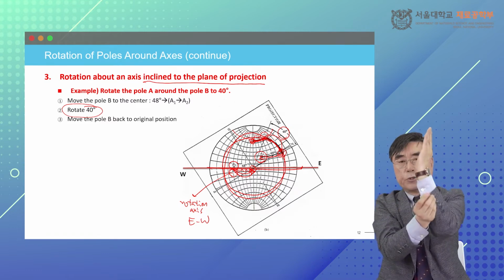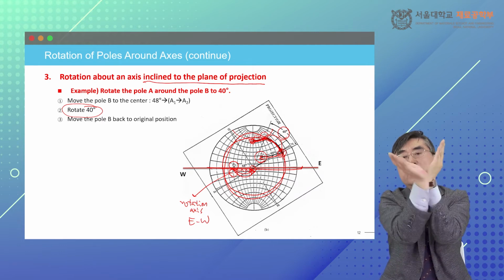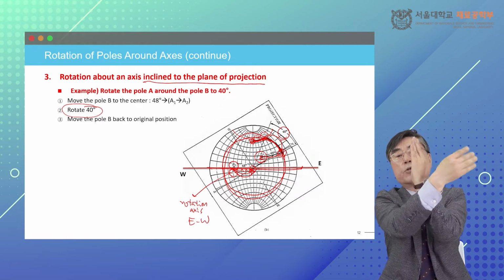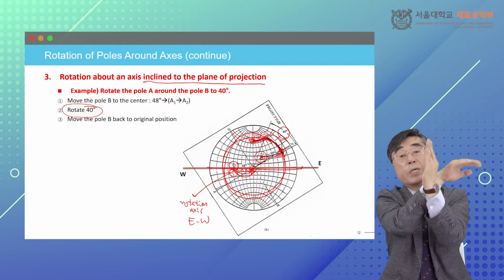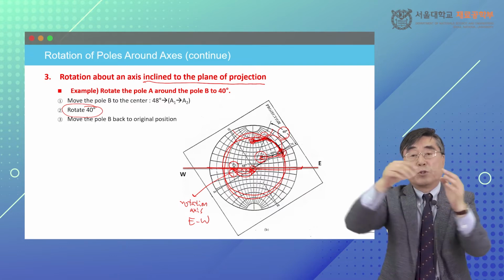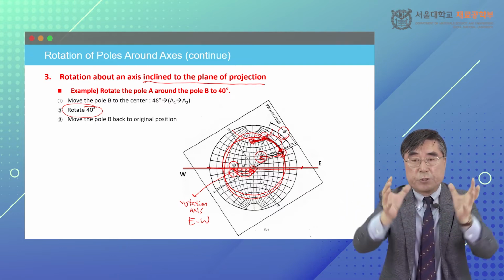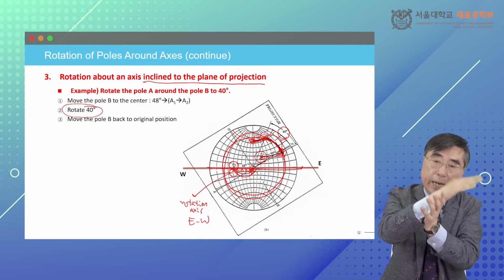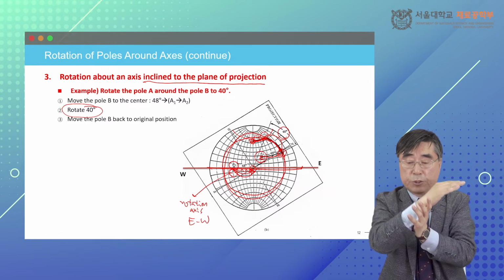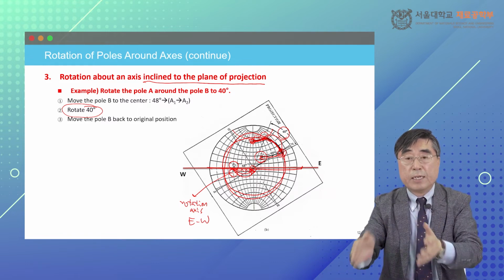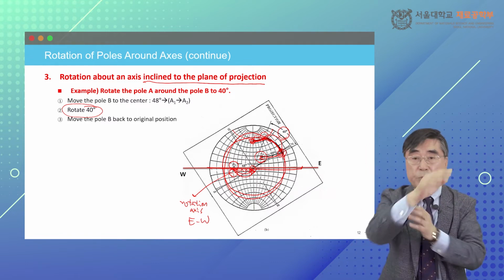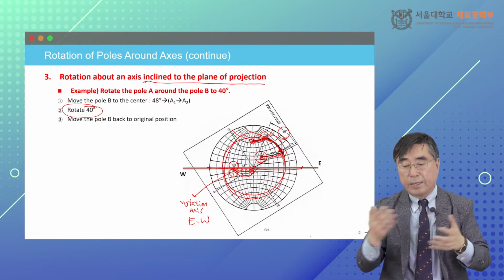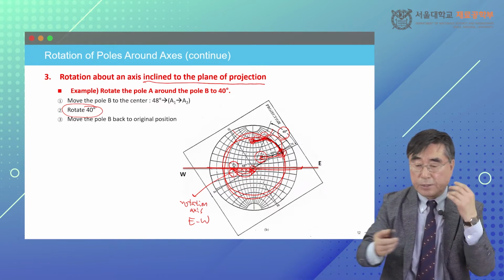Now your rotation axis is perpendicular, so now you rotate on the small circles. Okay, this information is not in the Wulff net, so you have to draw the same radius circles, then you measure the rotation angles. Then you move your rotation axis back to the original position by using the Wulff net. Then, of course, this pole should move the same angles, and then this is the information that you can get.